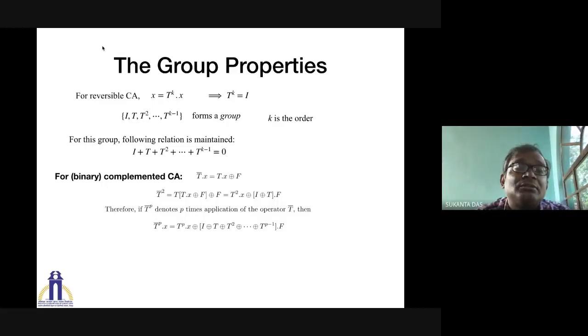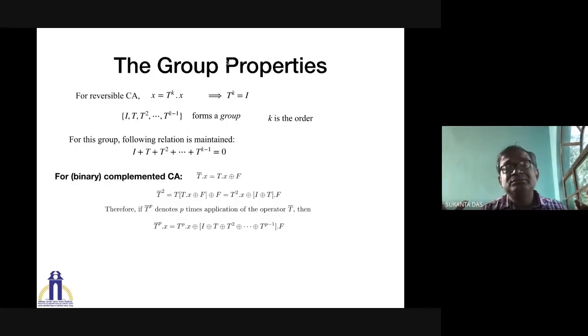Now, this is about linear CA. As I've said, the matrix algebraic tool can be extended to complemented CA, and we have some interesting properties for complemented CA. Let us denote the operator as T bar. I have not used this T bar symbol in the last class. What is a complemented CA?